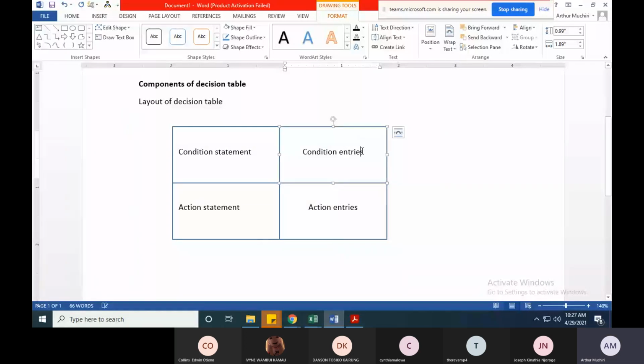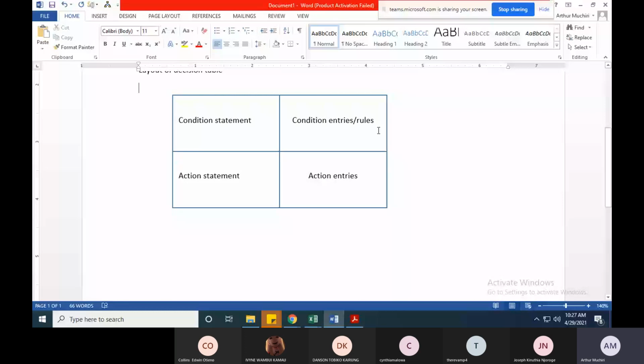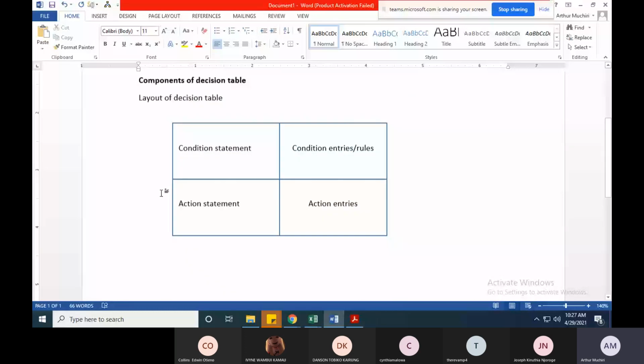The condition entries are also known as rules or condition rules. So this is how a decision table looks. Let's explain each of these so that you understand what they are all about. What is a condition statement? What is an action statement? What are condition entries or rules? What are action entries?